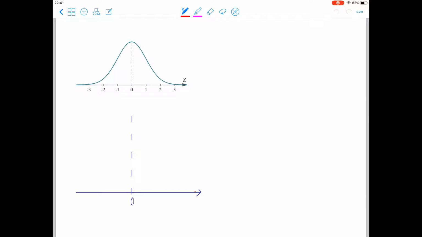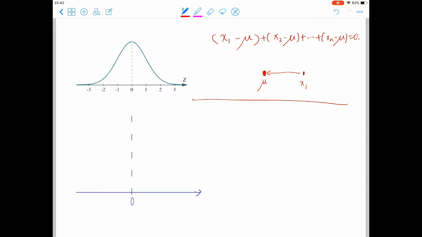Okay, then is the variance. Since the variance is taking the difference between each sample and the mean, when I add those differences together, we may get a result which is equal to 0. For example, with mu here, if x1 is here, we may get a positive distance here.